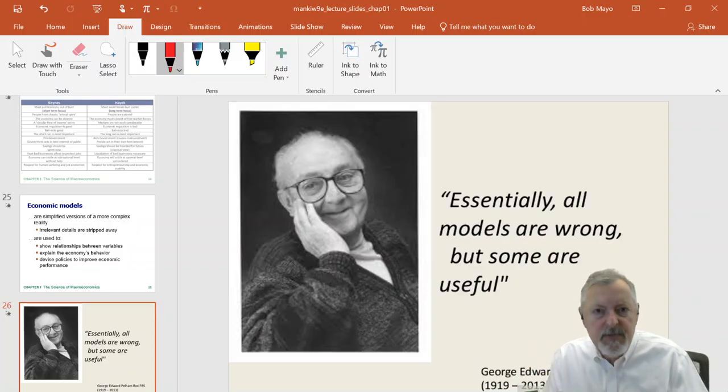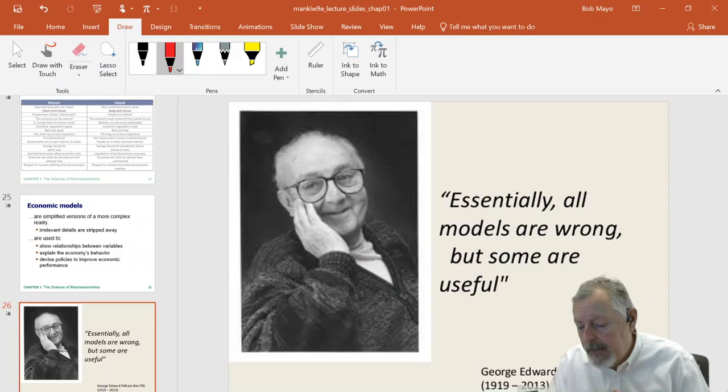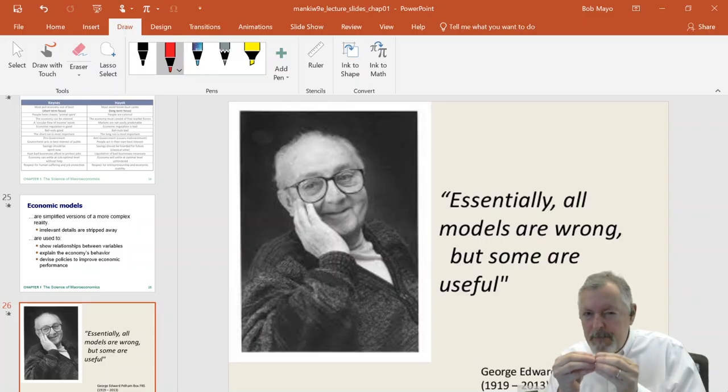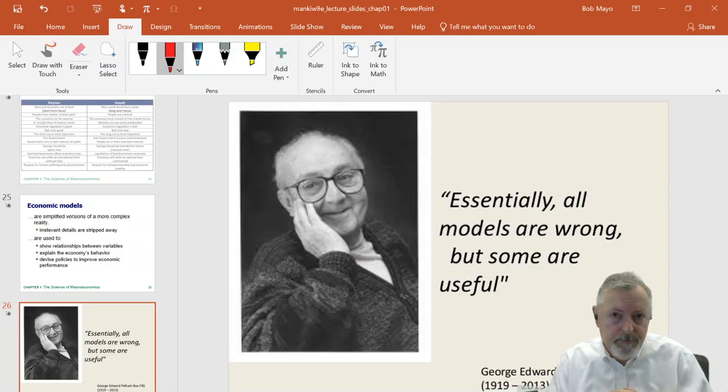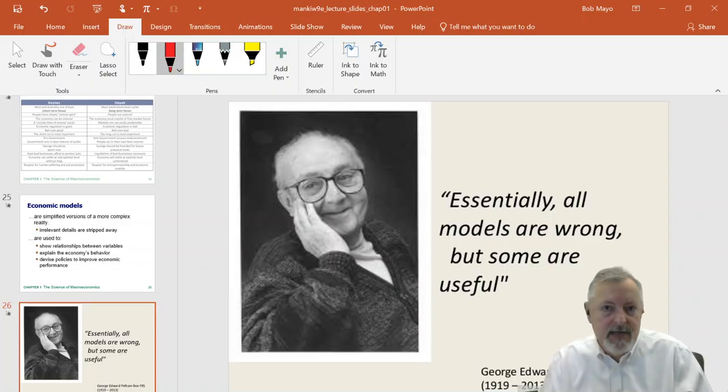A model in chemistry explaining how molecules do stuff can safely leave out the color of the lab coats that the people are wearing, because that's not important to what you're trying to understand, how the molecules group together. If you leave out the stuff that you should leave out so that the model still includes the core bits you're interested in, then it'll be a useful model. If a model leaves out stuff that's really important to the thing you're trying to understand, then it's going to be incomplete and not useful.